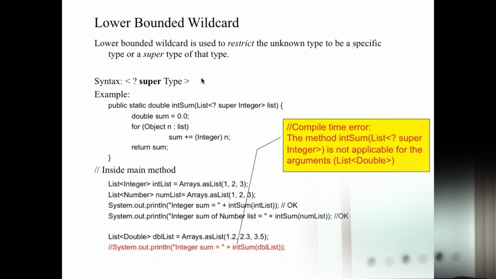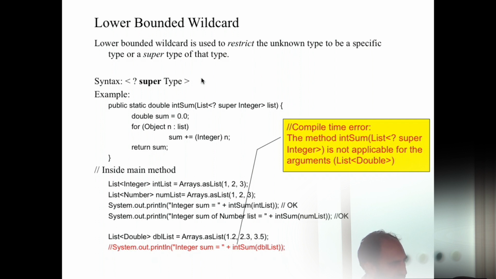So for example, if you want the parameters to be of type Integer or a supertype of Integer, which is Number, but not any other types like Double. Double is not a supertype of Integer.